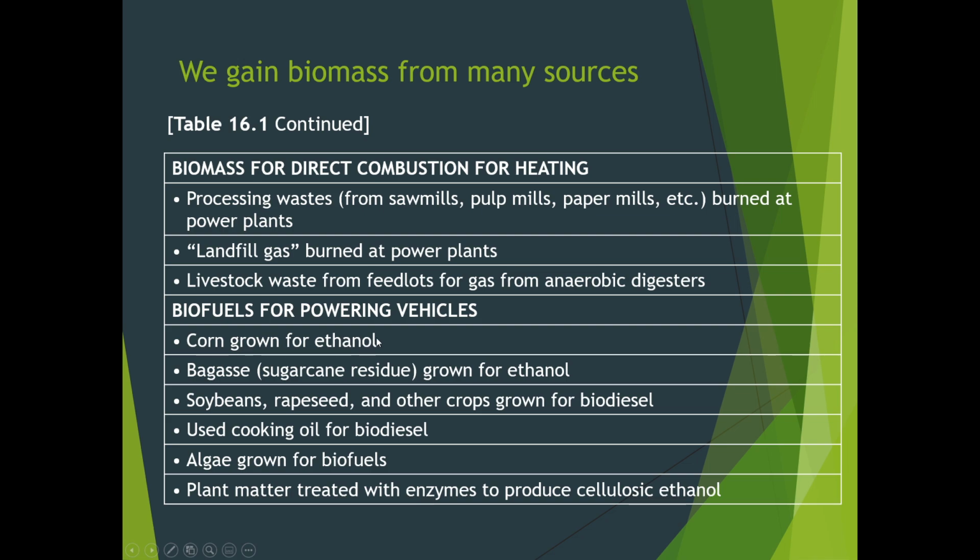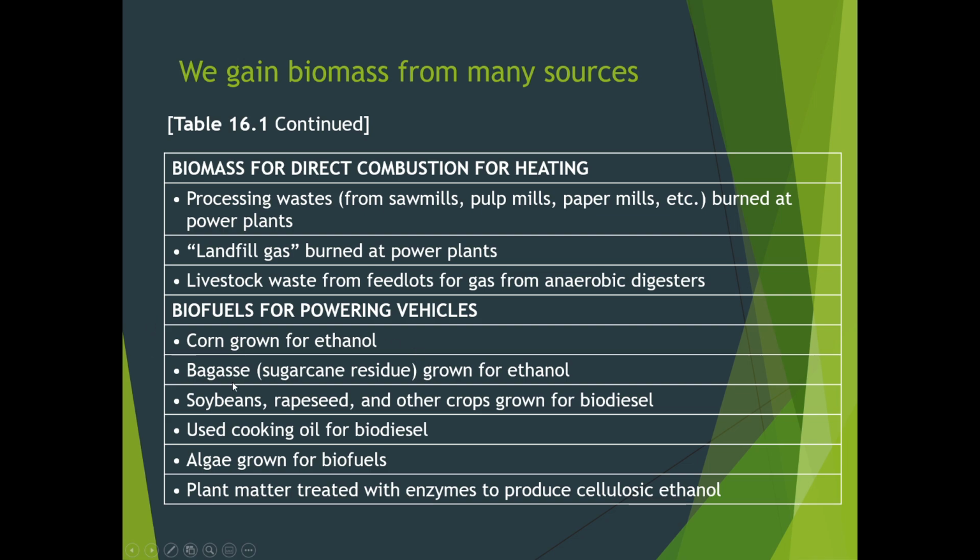That is because corn grows well here in the United States, not because corn's a good choice. And we'll talk about that later. But we have what's known as a biome. We've got the temperature and the precipitation to grow corn. And then if you look at Brazil, their main ethanol is sugarcane because they've got the biome. They've got the temperature and the precipitation to grow sugarcane. We don't. Okay. So it really depends on your location.